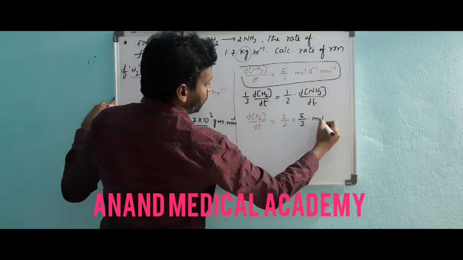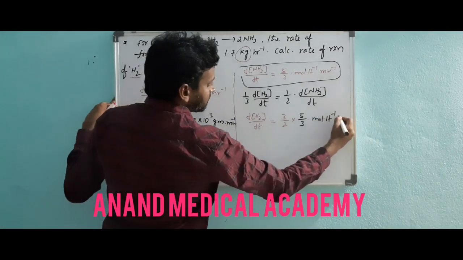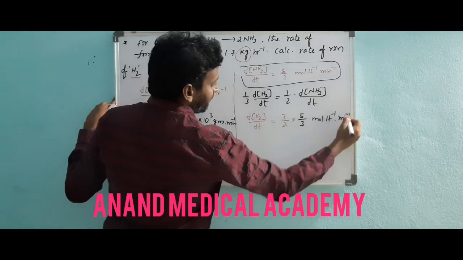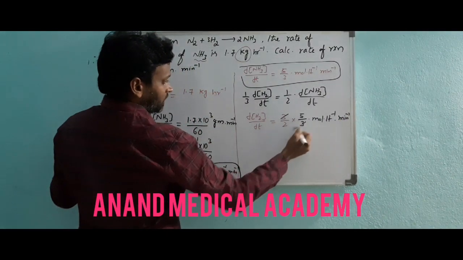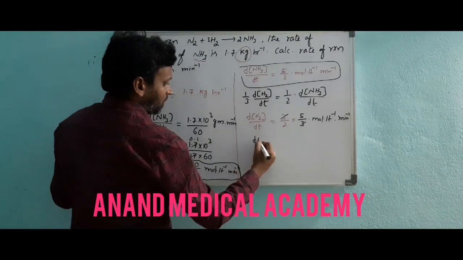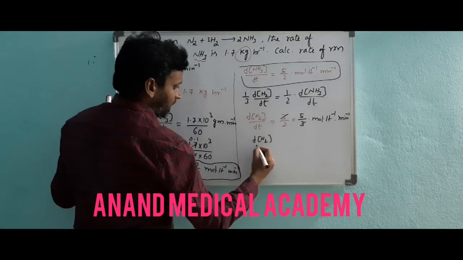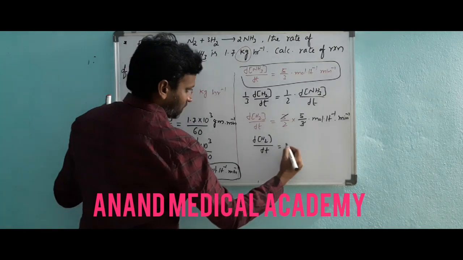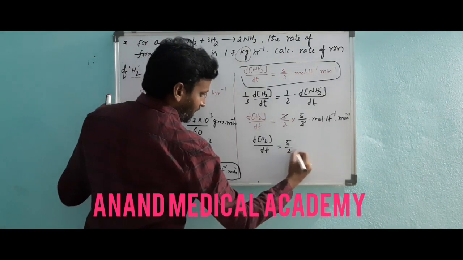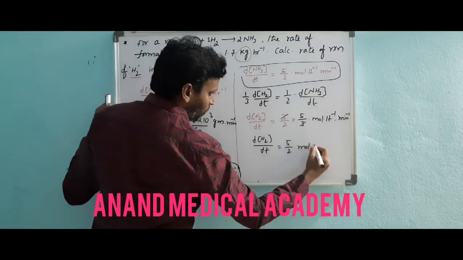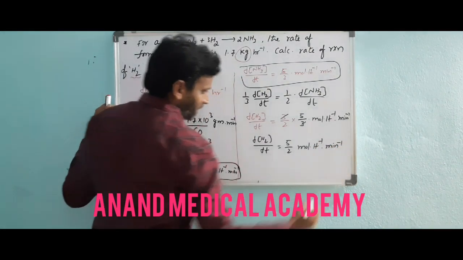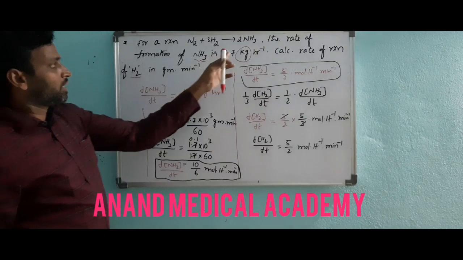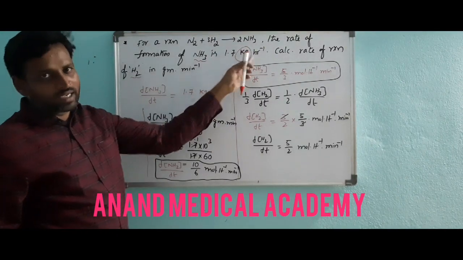Now mole liter inverse and minute inverse. Got it? So this 3 cancels. So d concentration of H2 by dt equals 5 by 2 mole liter inverse minute inverse. See, here kg liter inverse you can take, not a problem.